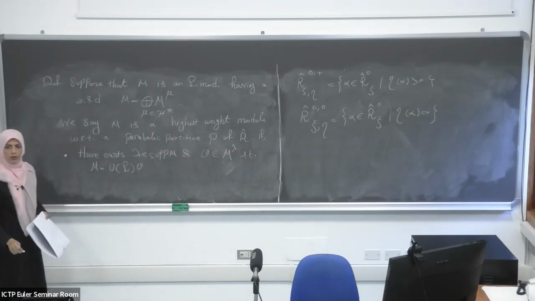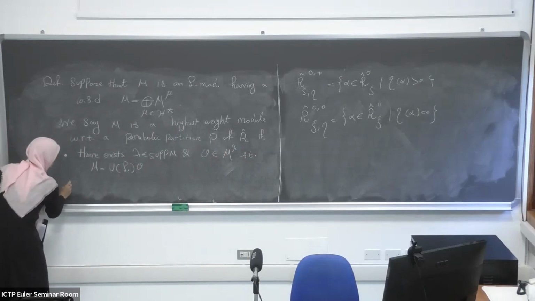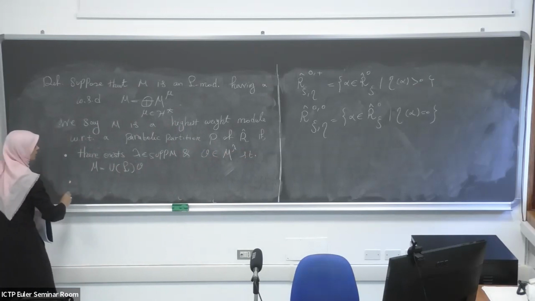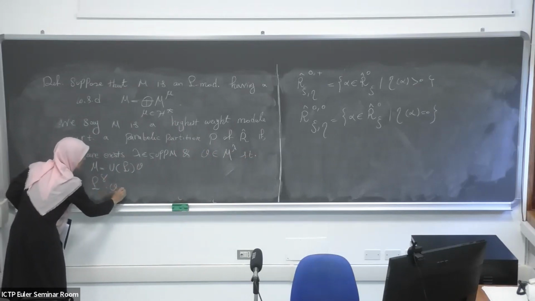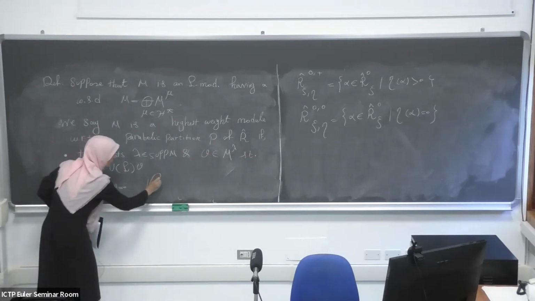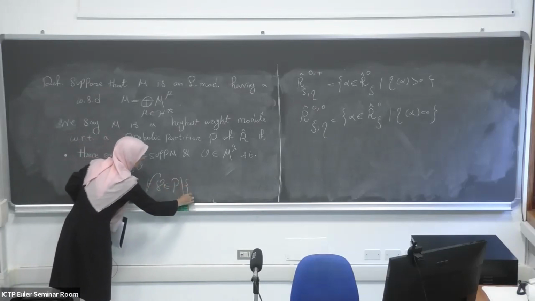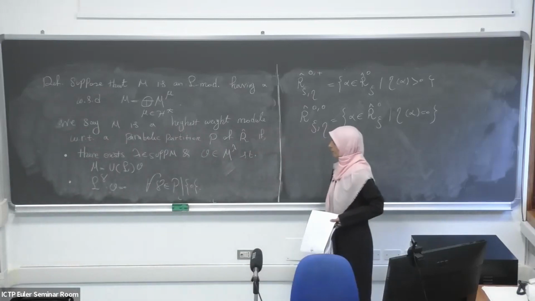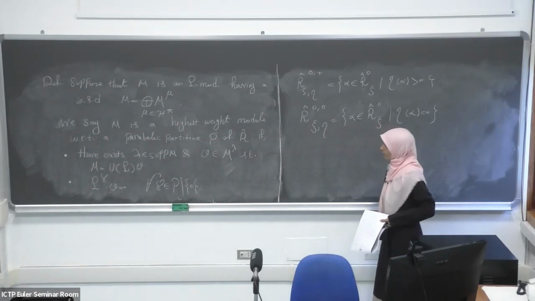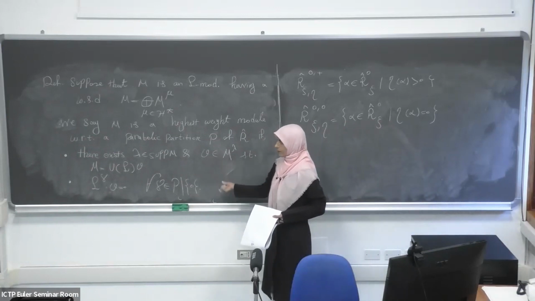In fact, M is generated by v and L gamma v is 0 for all gamma belonging to P minus 0. We call such a module a highest weight module.